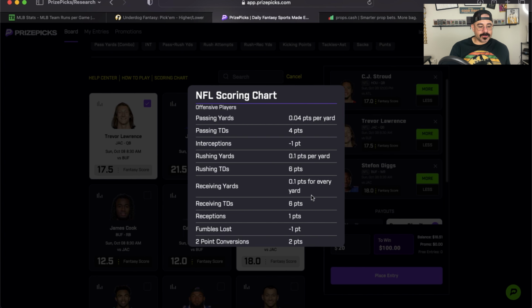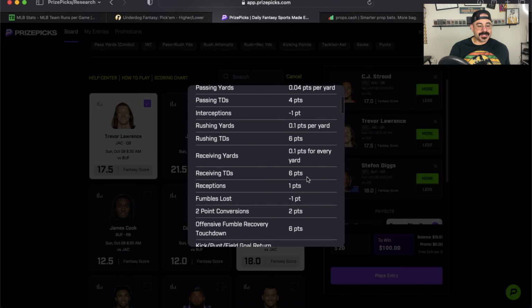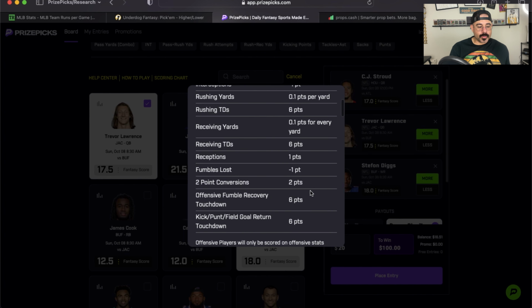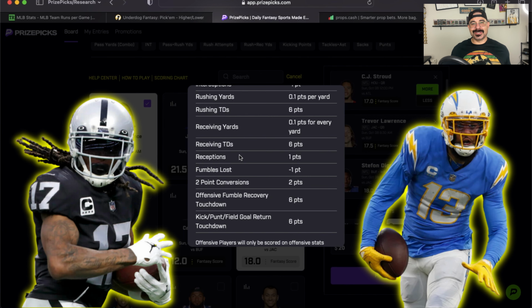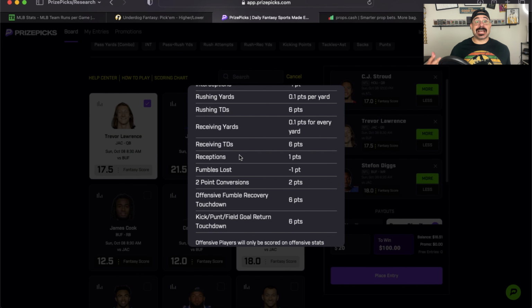Rushing touchdowns worth 6 points, so 2 points higher than your passing touchdowns. Receiving touchdowns just the same with 6 points. Receptions are worth 1 point. So keep in mind, this is a very important thing to know, especially when you're dealing with very high volume receivers like Devontae Adams, Keenan Allen, guys who get double-digit targets per game, guys who catch 7, 8, 9 passes per game.